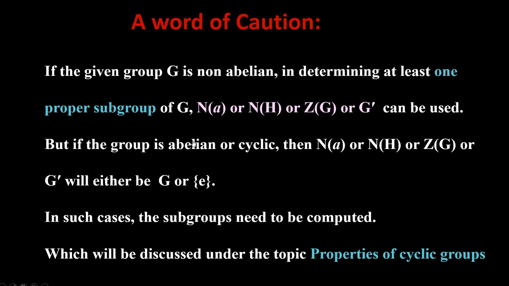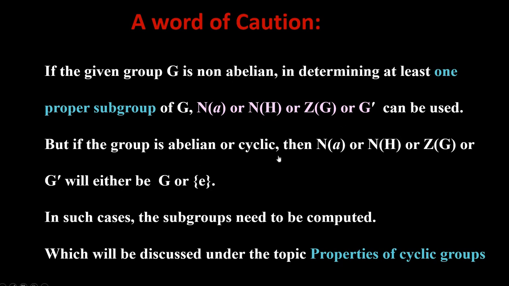You have to check too many conditions to have the solution of the question asked in the assignment, for which this discussion can be used. That is, just now we proved that N of A, N of H, Z of G and G prime are all subgroups. So if the given group is non-abelian, then to find one of the subgroups, this concept can be used.